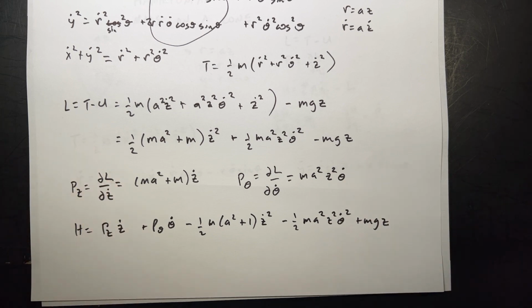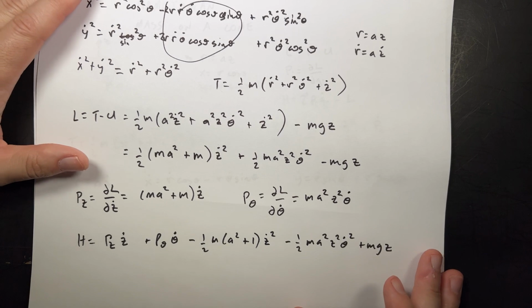Now, you may be tempted to say, oh, the Hamiltonian's the energy. I'm going to write down the kinetic plus potential. But there are some cases where that's not true, so I recommend doing it this way.